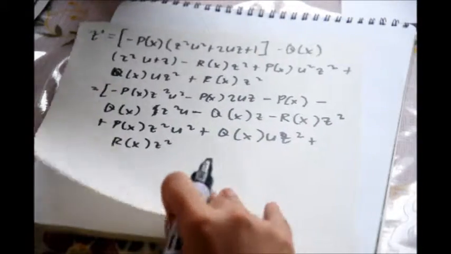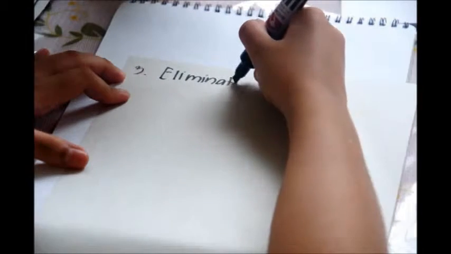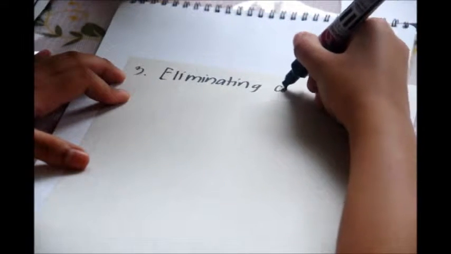Then the third step, so this is now the final z prime. The next step would be eliminating common terms.